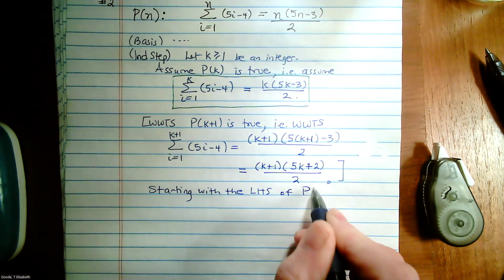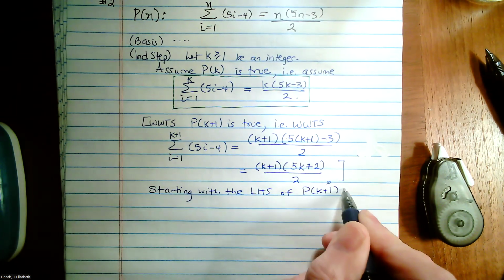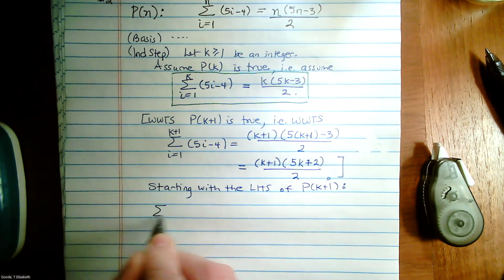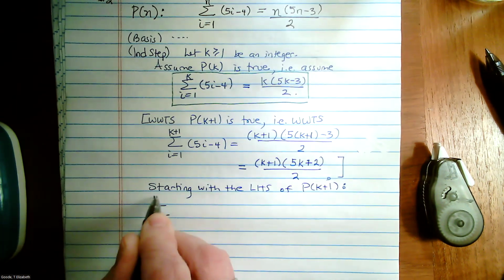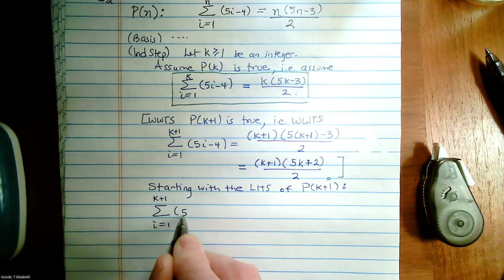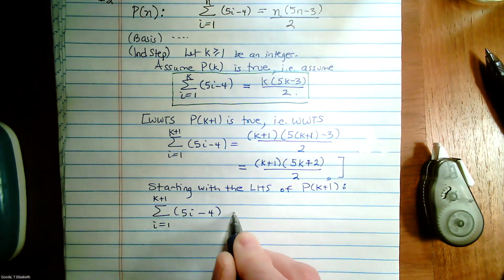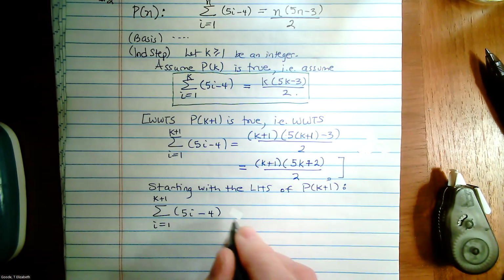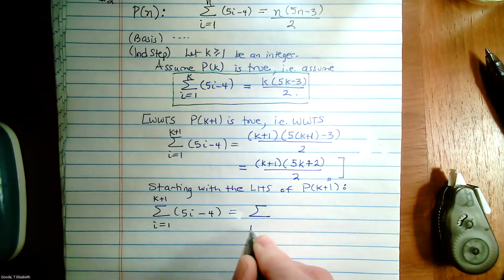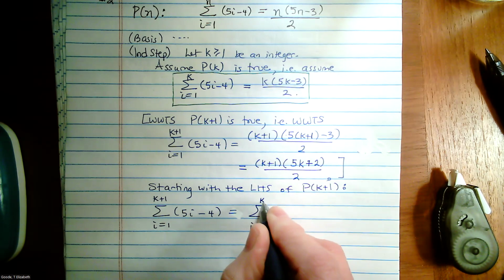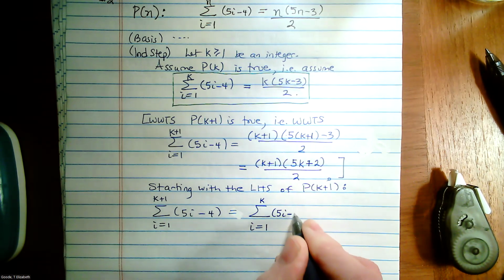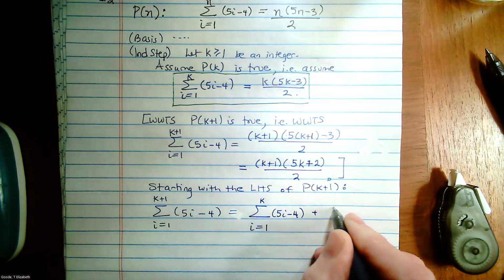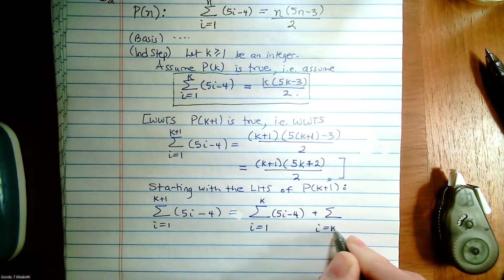So we're starting with the left-hand side of P of k plus 1, the sum from i equals 1 to k plus 1 of the quantity 5i minus 4. So you split that off, and what did you get? The sum of i equals 1 to k of the quantity 5i minus 4 plus the sum of i equals k plus 1 to k plus 1 of the quantity 5i minus 4.